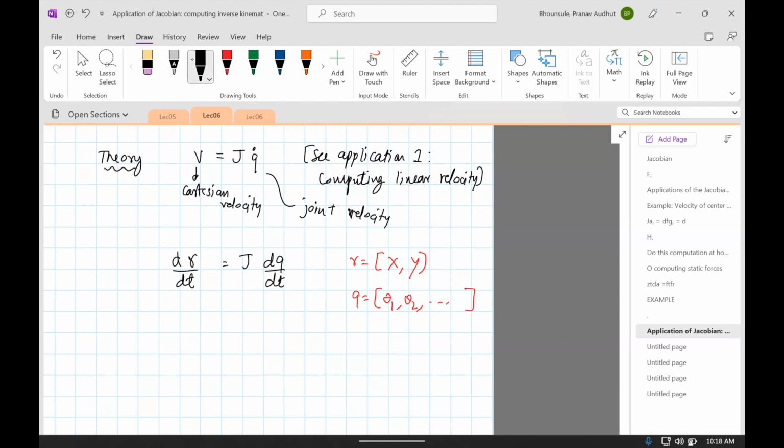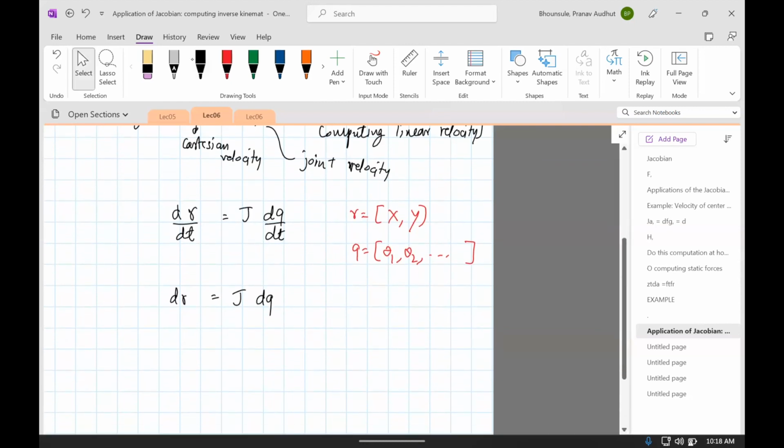We can multiply both sides by dt, so we get dr equals J times dq. Then multiply both sides by J inverse: J inverse dr equals J inverse times J dq, and that is the identity, so just dq.